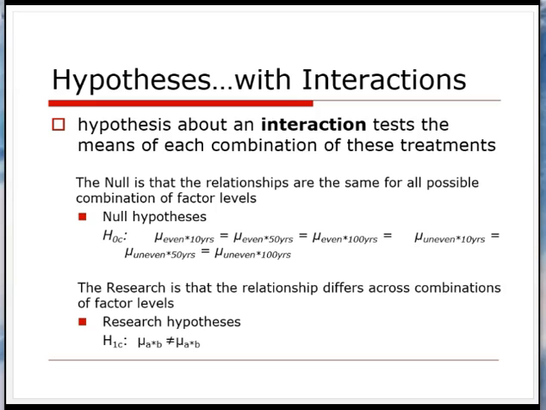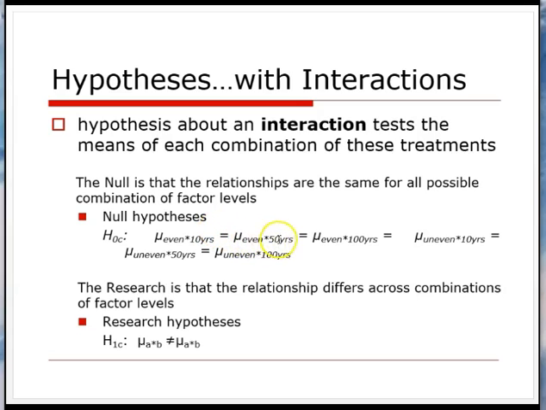So when we add an interaction, we're essentially adding another variable to the analysis, and that would have its own null hypothesis that we're testing. So we're saying that the measurements for each possible combination of groupings are going to be the same.